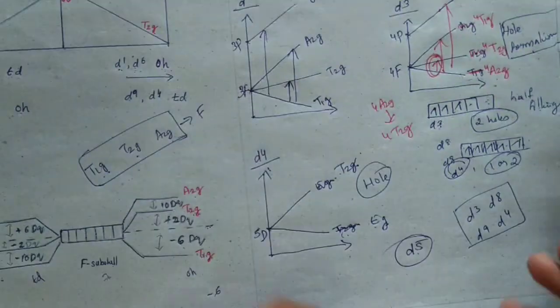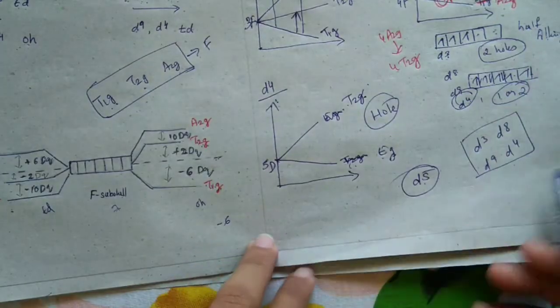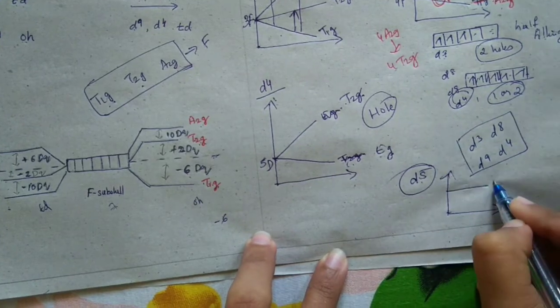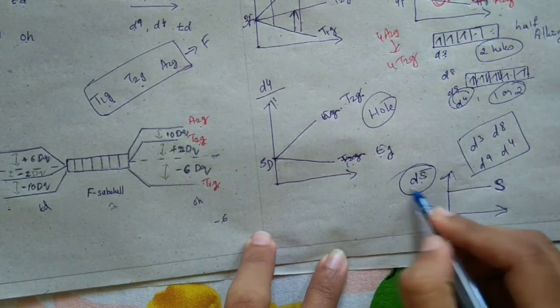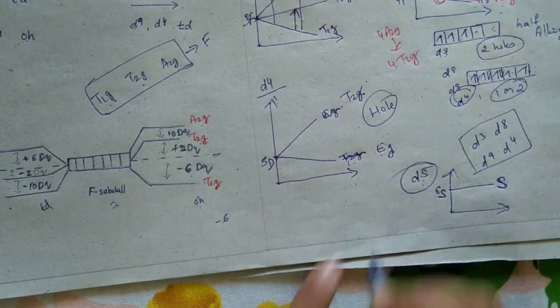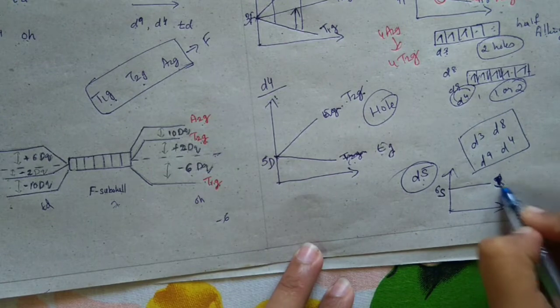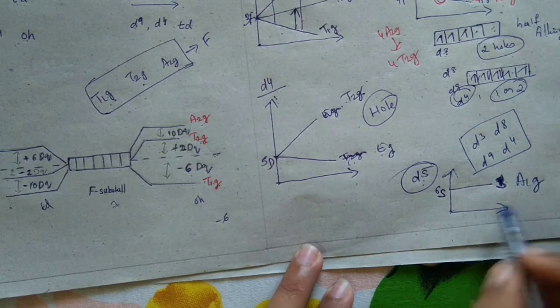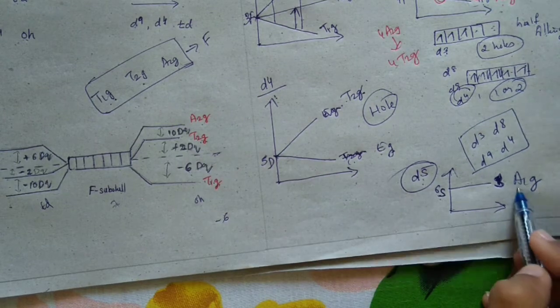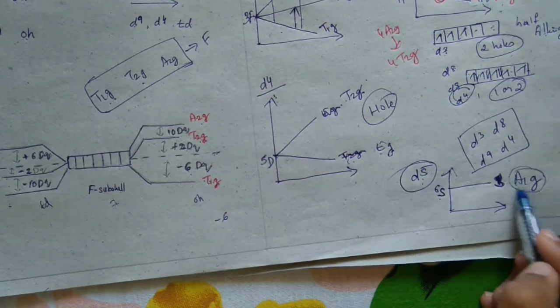So you can draw the diagram. Only one level. So for d5 the ground state term symbol is 6S, and here the energy level A1g.